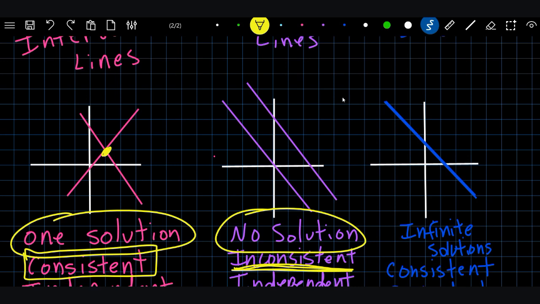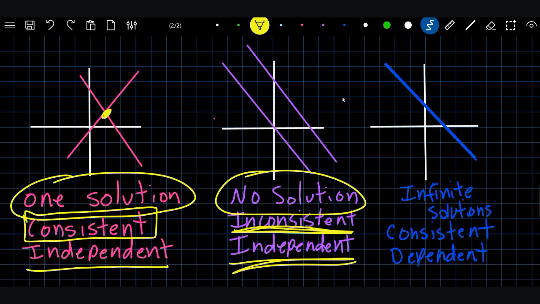When it does, you just graph it. Here's what's going on. Look. That point's the same, that point's the same, that point's the same. Every point is the same. They touch each other in every single point. Notice that you have infinite solutions. They cross, every single point is a cross. Okay? They're on top of each other.